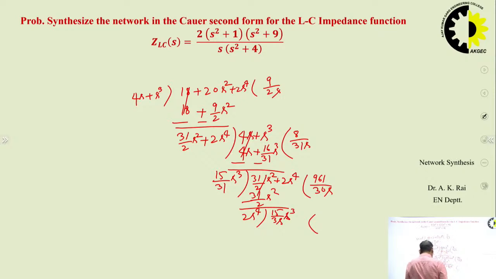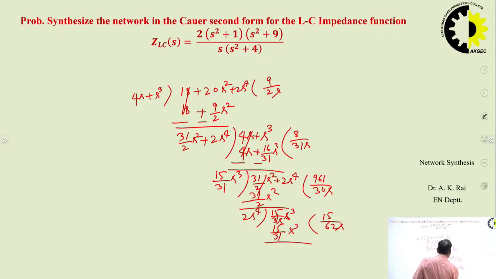So what we do, this will be 15 by, this is your 62s, this is 31s, so this is 62s. We get 15 by 31s cube.